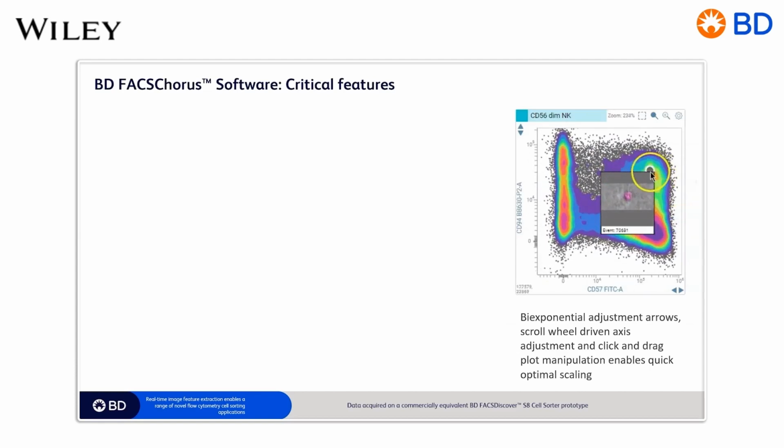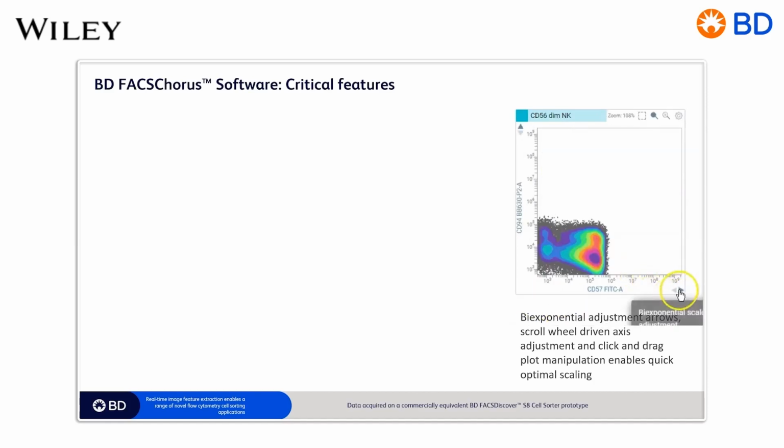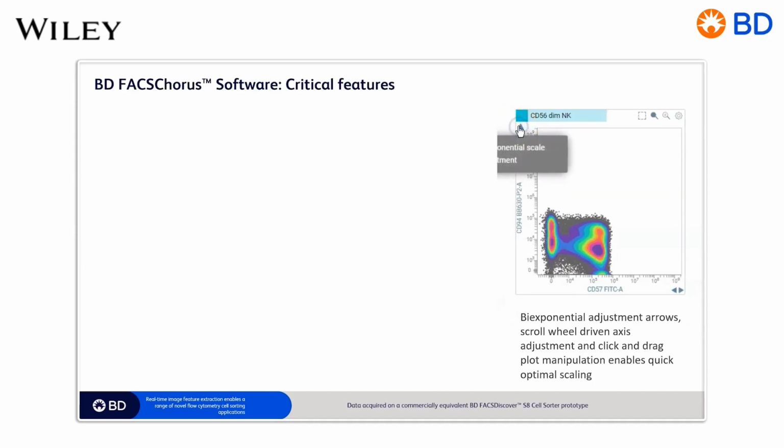So all those biexponential editor dialog boxes that you may be familiar with from Diva are a thing of the past when it comes to this platform now. I find it takes a little getting used to, but once you start using it, it's a lot quicker and more intuitive, I think, than previous editions.